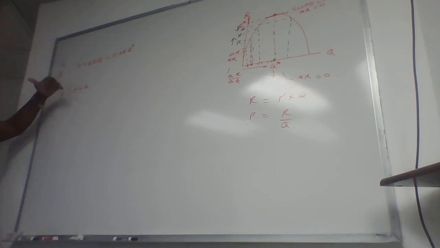To do this, we said, okay, B, revenue is price times quantity.